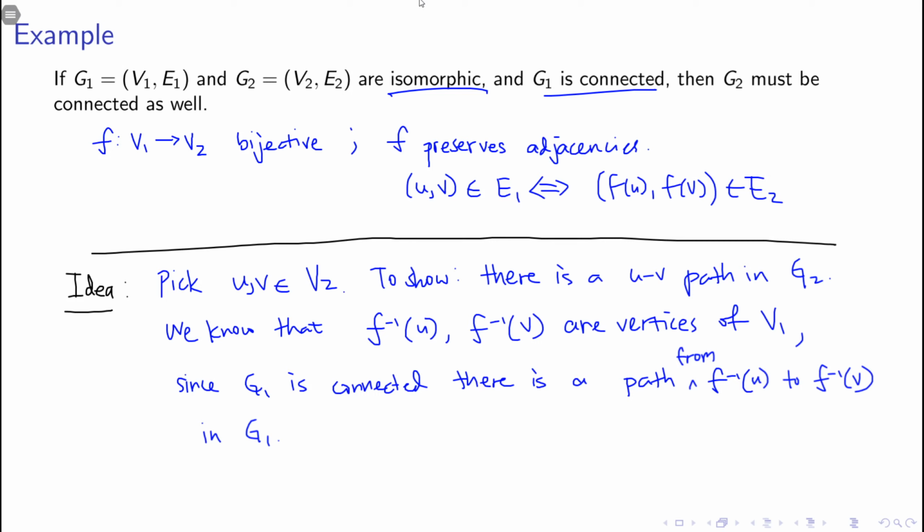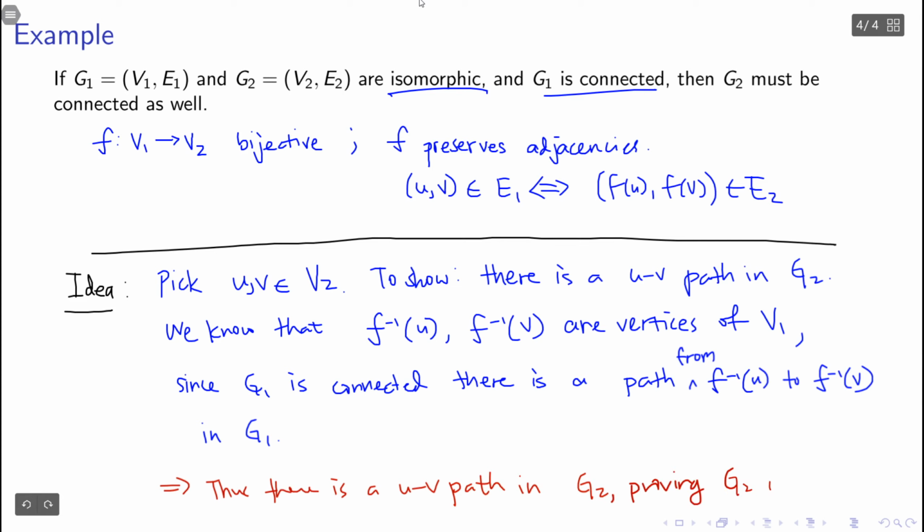So this is what I'll leave for you at the end. How does this translate over to a path in G2? Your final sentence must look like, thus there is a UV path in G2, proving G2 is connected.